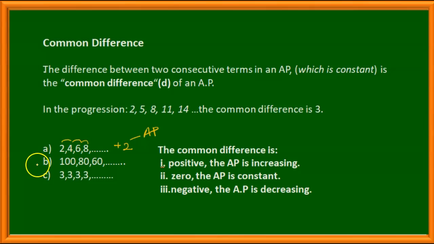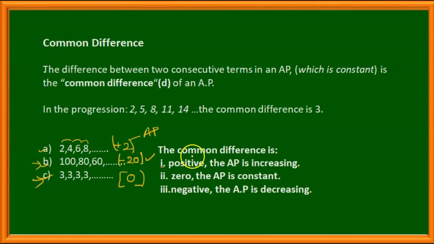Now the second case: the common difference we are getting is minus 20, so this is also an AP. In the third case, the common difference is 0, so that is also an AP. All three are arithmetic progressions.